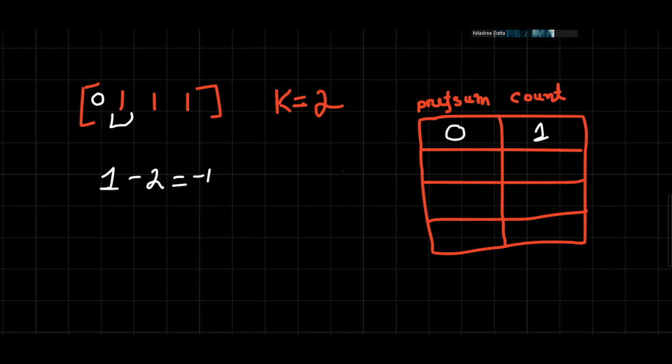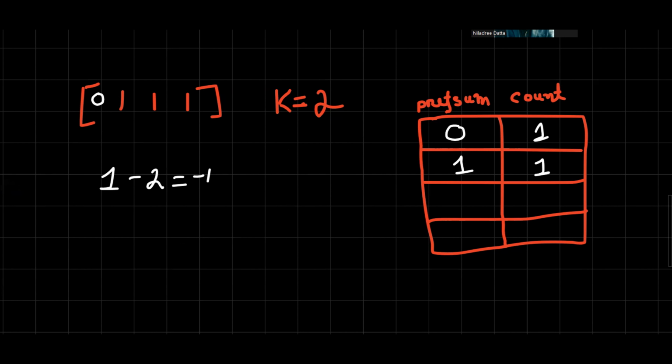So we can say that minus 1 is not presented here. So we cannot increment the answer. But wait, before moving to the next iteration, we have to insert this portion of the subarray into the prefix sum count. So here we can say that we have the prefix sum 1 and currently the count is 1 for this portion.